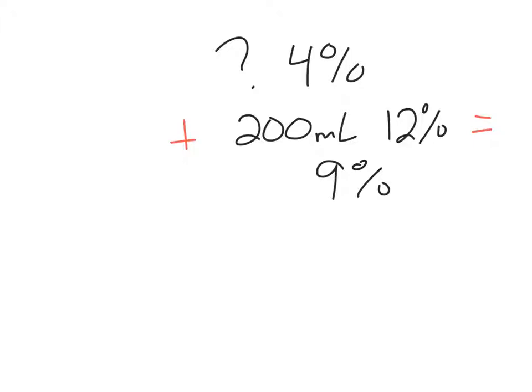The original question was asking how many milliliters of that 4% solution we would need. We just discovered that we would need 120 milliliters of that solution, and that would be added to 200 milliliters of 12%. Because of the combination of those two percentages, that would create a 9% solution.